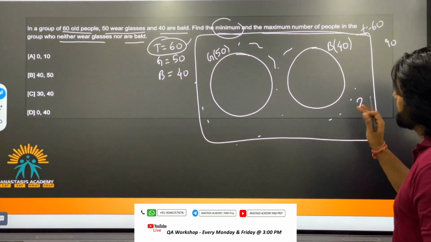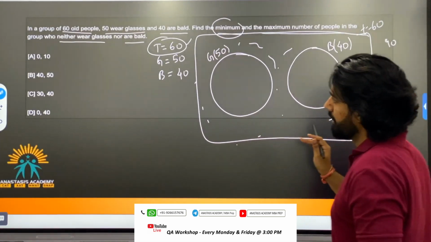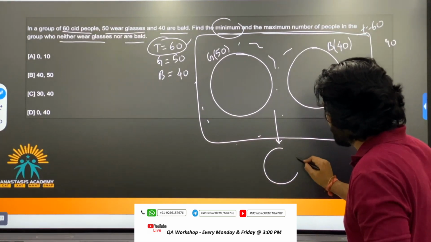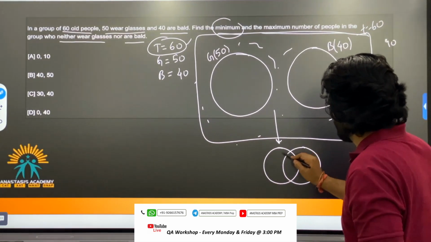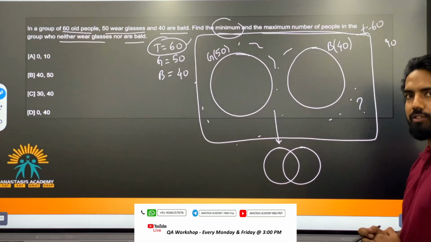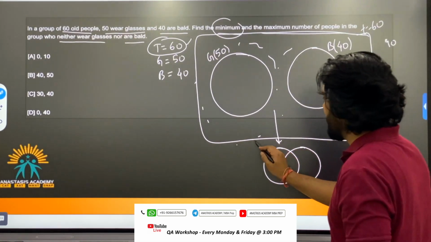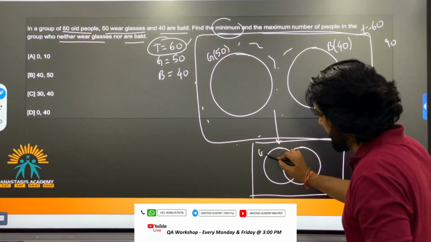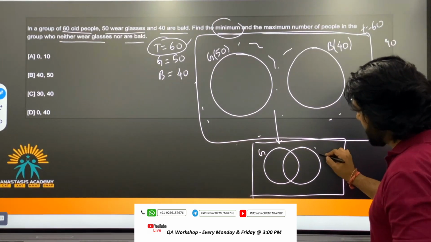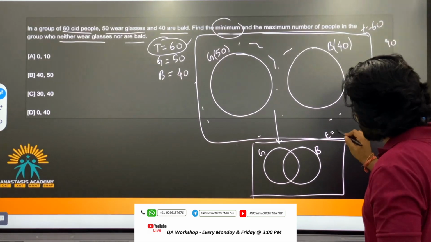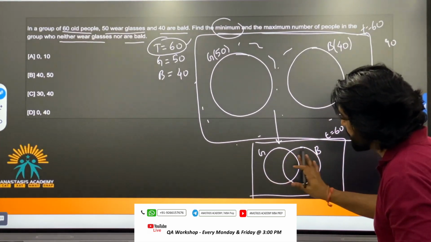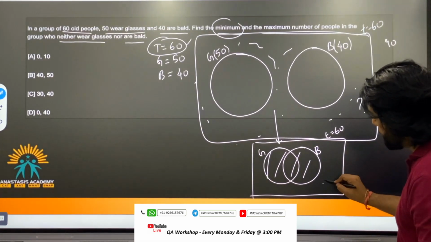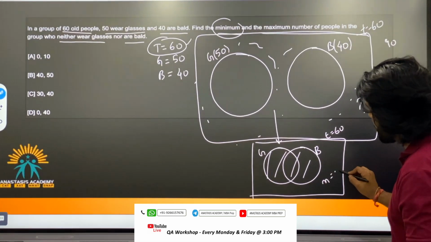I can have something like this, with some overlap between these two regions, such that there is no person outside the two sets. These are people wearing glasses, these are people who are bald. Total is 60. I am accommodating this total of 60 in these two groups only. So I am assuming that the minimum number of people outside is 0.